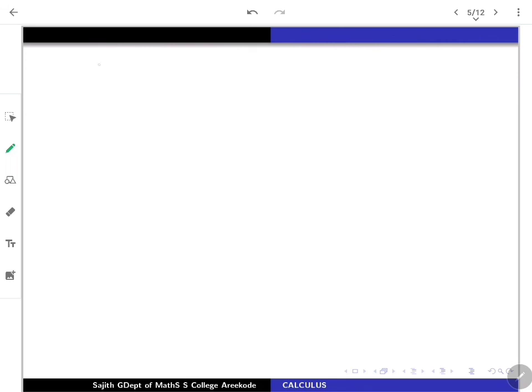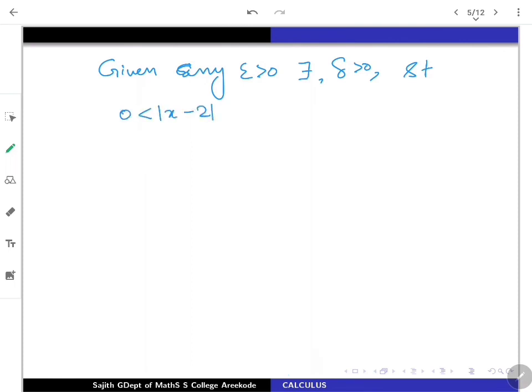So more precisely, given any epsilon positive, there exists, we can find a delta, again a positive number, such that if you are inside the neighborhood of 2, which means whenever 0 less than mod x minus 2 is less than delta, it will guarantee that modulus of f of x minus 6, that is 3x minus 6 here, is going to be less than epsilon.